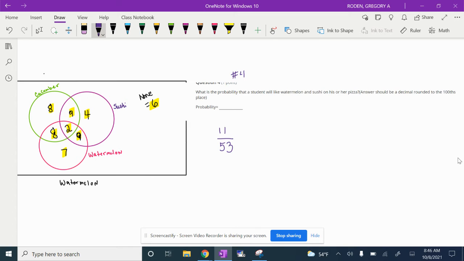And the ones that liked sushi and watermelon were this group right here, 9, and this group right here, 2. So 9 plus 2 gives me an 11. And if I take 11 and divide that by 53, I come up with about 0.21 when I round to the hundredths place. So about 0.21 on that one.